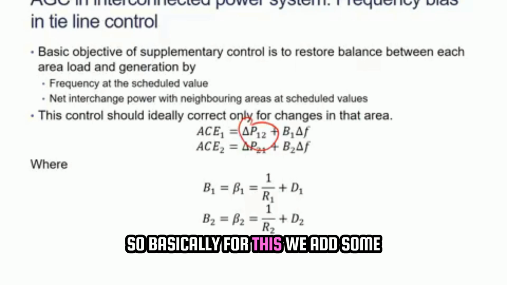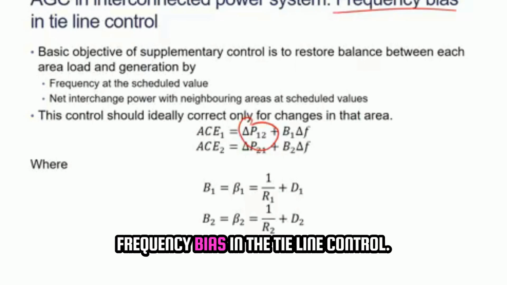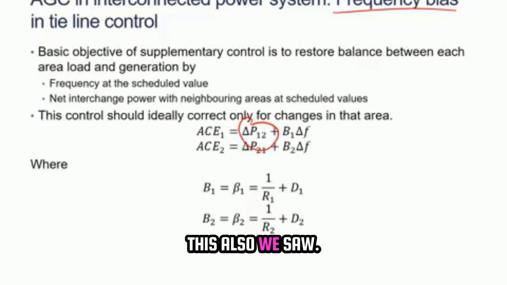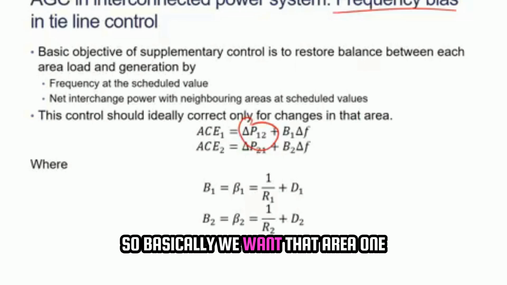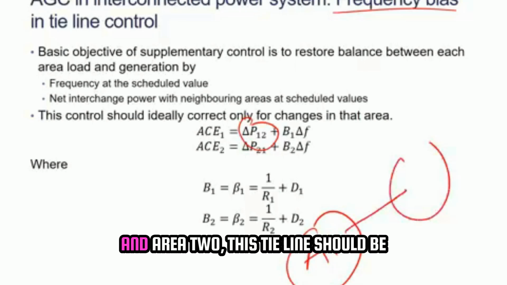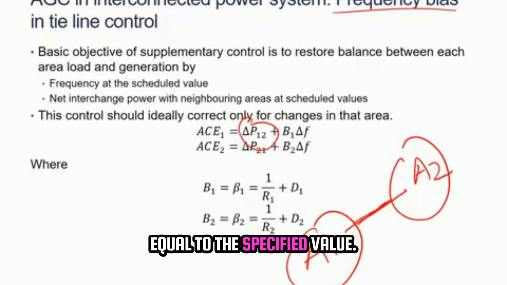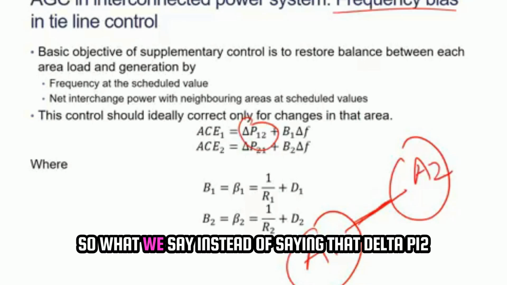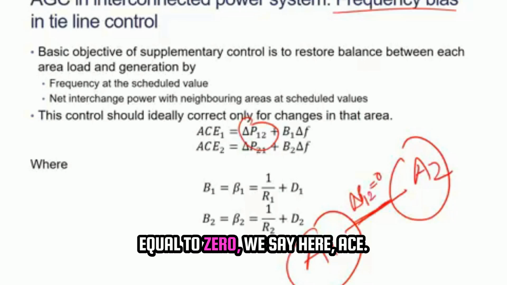So basically for this we add some frequency bias in the tie line control. This also we saw. So basically we want the tie line between area 1 and area 2 to be equal to the specified value. So instead of saying delta P12 equal to 0, we say here ACE.